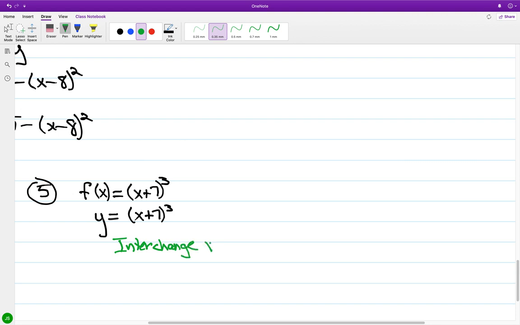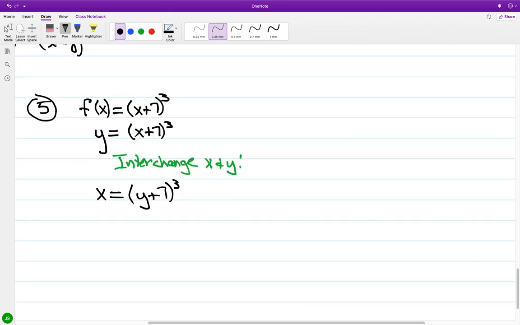So interchanging x and y, in the rewrite we have that x is equal to the cube of the quantity y plus 7. And going from y plus 7 to the third to just y plus 7, I'm going to take the cubic root of both sides. So we have the cubic root of x is equal to y plus 7.